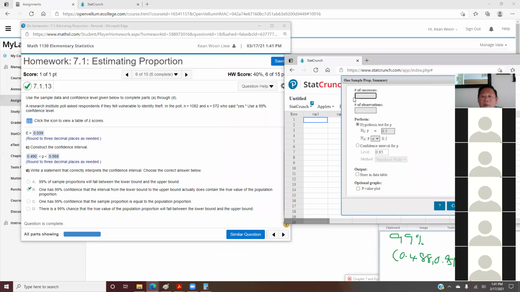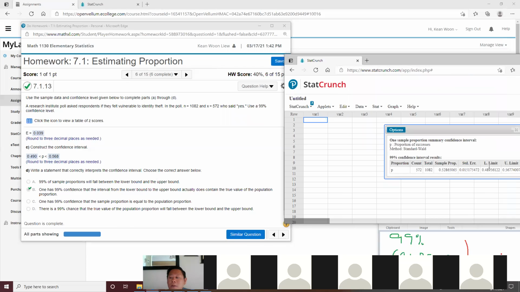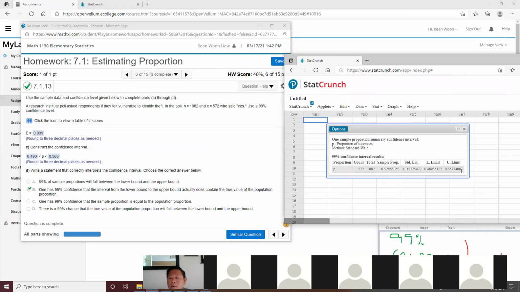Number of successes is 572. Number of observations is 1082. Then you click on the confidence interval and they're asking for 99%. So you put 0.99 and you compute. This lower and upper is your answer for C.